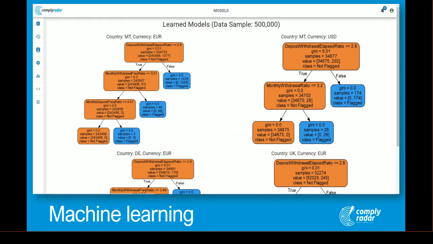So as you see, the top box is picking up transactions where the deposit was withdrawn within a particular time frame. Right? So the algorithm detected that when it came to identifying suspicious transactions or not, the time between a deposit and a withdrawal was one of the key features which helped the algorithm to identify whether it was a suspicious transaction or not.